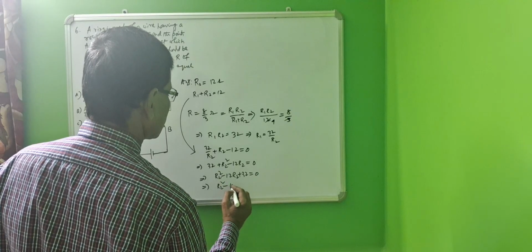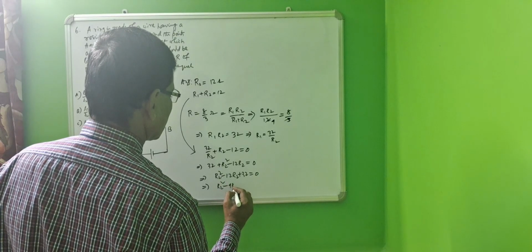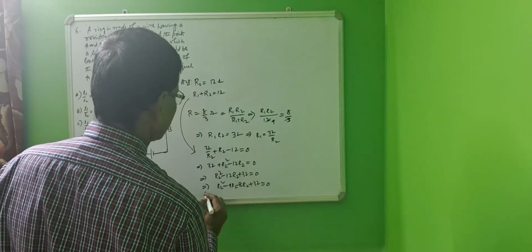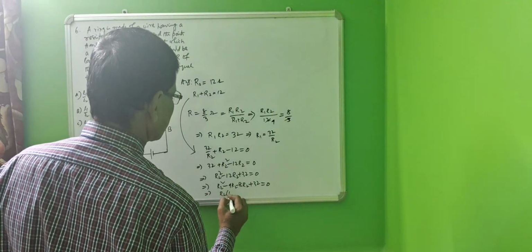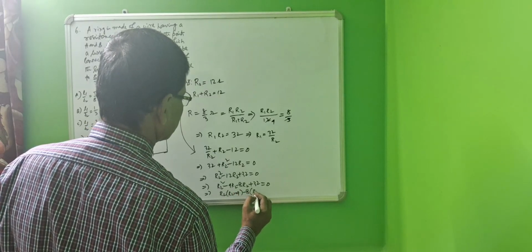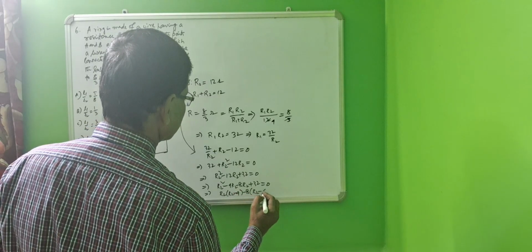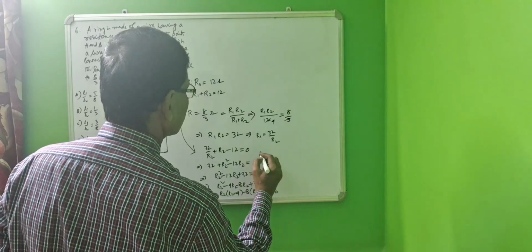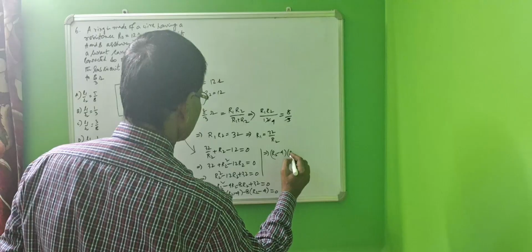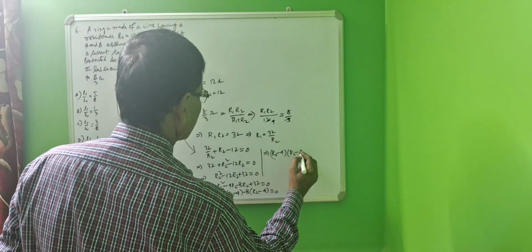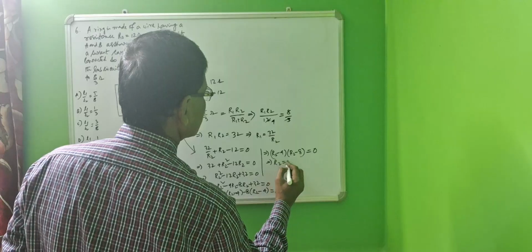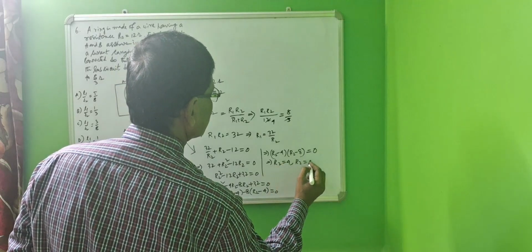R2 square minus 4 R2 minus 8 R2 plus 32 equals 0, which implies R2 minus 4 whole into R2 minus 8 equals 0, which implies R2 equals 4 and R2 equals 8.